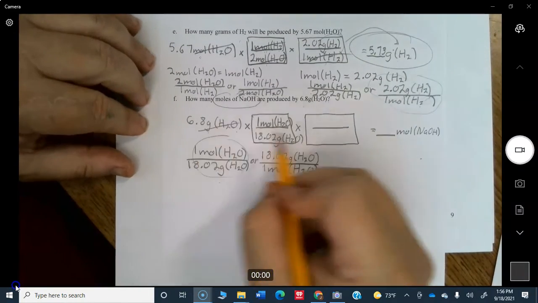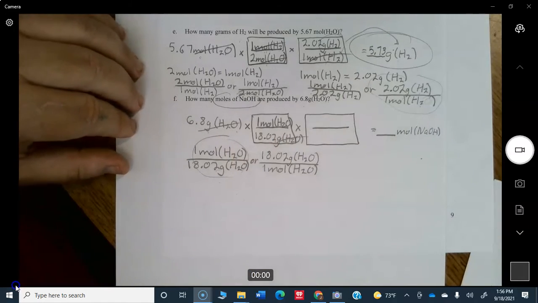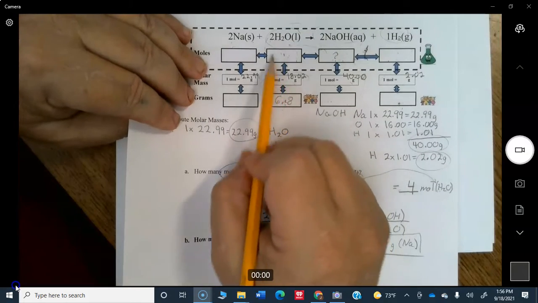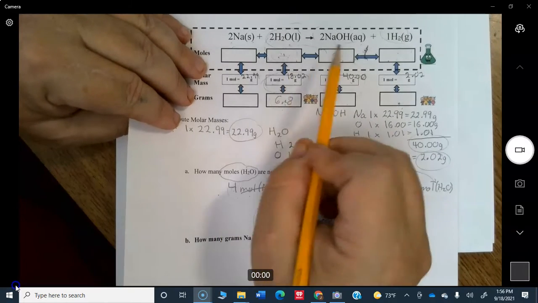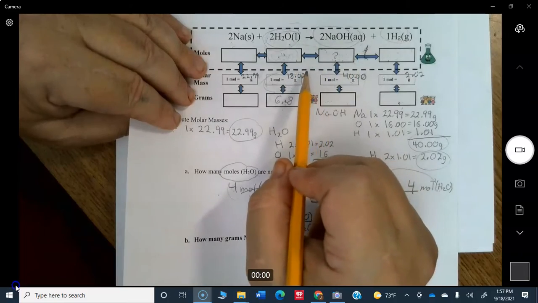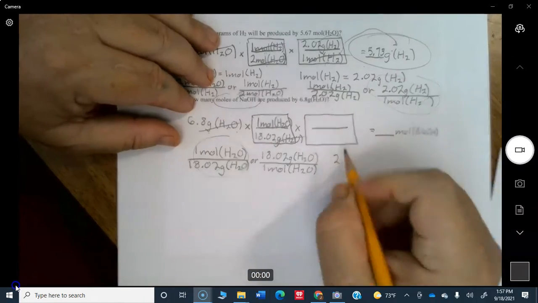Okay, so grams of H2O cancels with grams of H2O. You have moles of H2O now. So we move from here to here. We're sitting in this box right here. Now we need to move over from here to here. There's the equivalency right there. Just put an equal sign between them. So now we're going to turn that into two conversion factors.